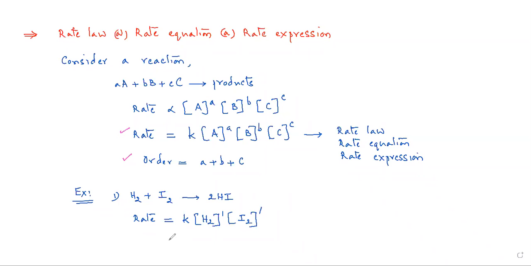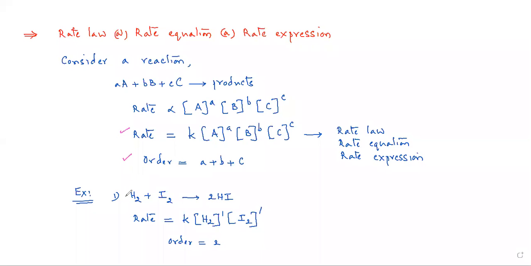So the overall order of the reaction is 2. Order with respect to hydrogen is 1, and the order with respect to iodine is also 1.